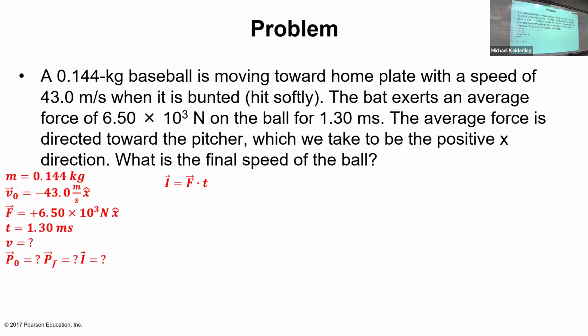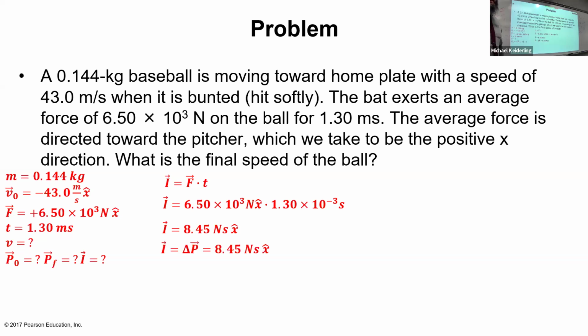So impulse is force times time. So 6.5 times 10 to the third newtons in the x direction times 1.3 times 10 to the minus third seconds gives us 8.45 Newton seconds. This is change in momentum.